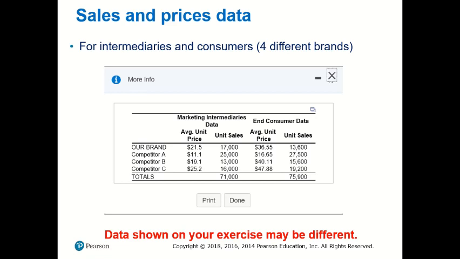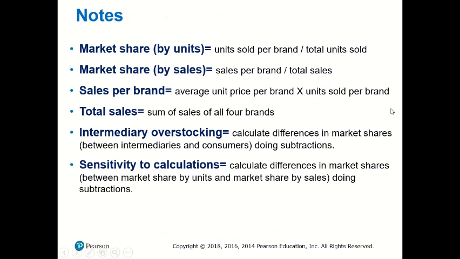So this information will allow you to calculate market shares, right? If you go to the last slide of this instructions file that you have available in Blackboard, you will see some notes to help you in case you don't remember how to obtain these metrics.